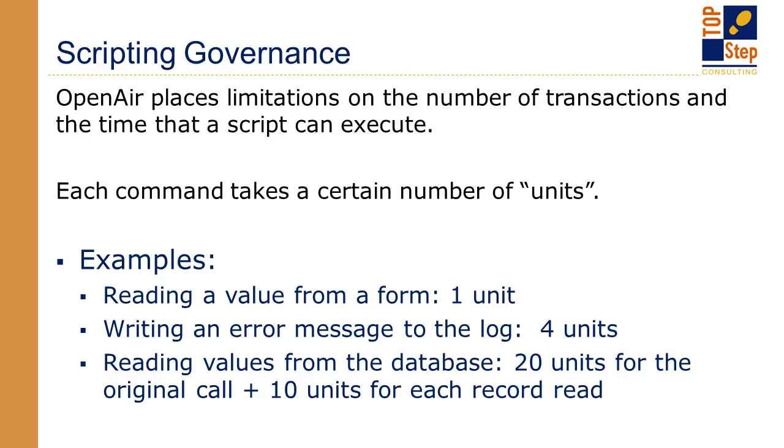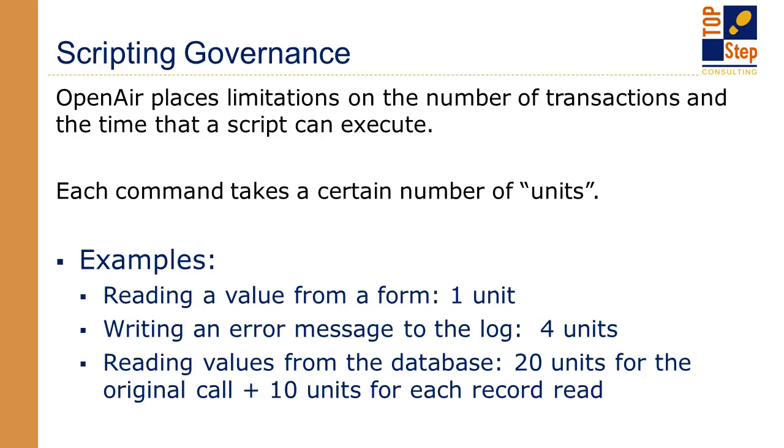So every command in OpenAir scripting takes a certain number of units, is what they call them. So examples here, if you just are reading a value off of a form, it takes 1 unit. Very simple thing for OpenAir to do. If you're writing an error message to the log, well, a write takes more processing power than a read, so that takes 4 units.